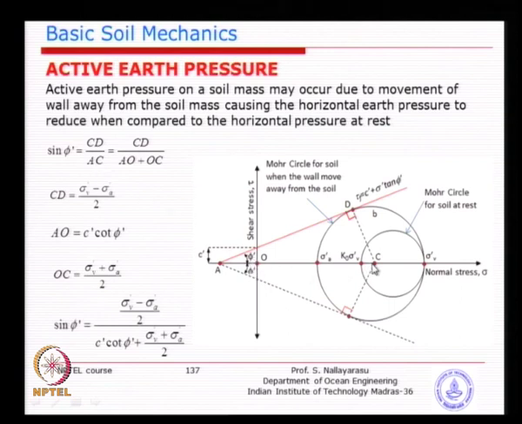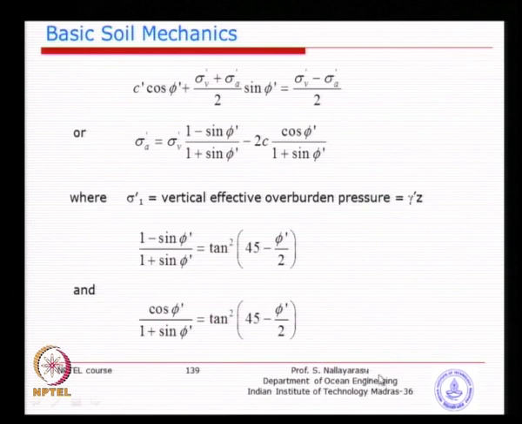CD is from the center of the circle to the horizontal. So, this is 90 degrees, because it is taken tangent to the circle itself, and then we rewrite the values of CD and AC in terms of these triangles, substitute here, and rearrange with cot phi. Ultimately you will get a formula similar to what we were deriving. The relationship with sigma 1 in the other derivation is just replaced by sigma A. Sigma 1 was here and sigma 3 was here.